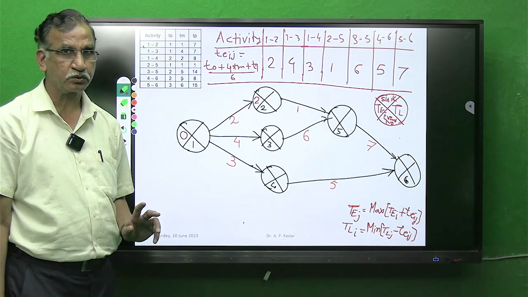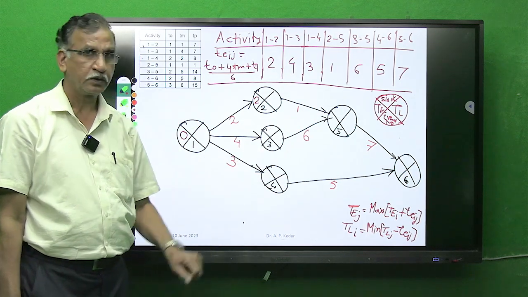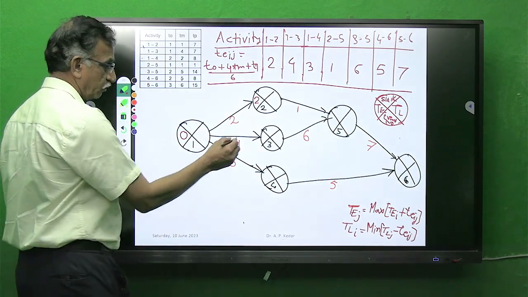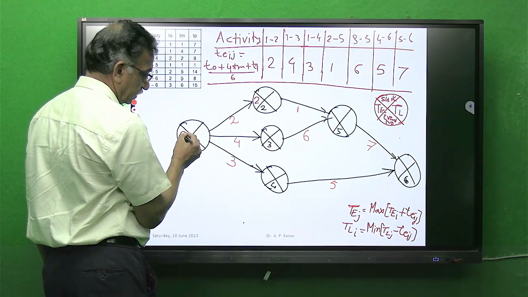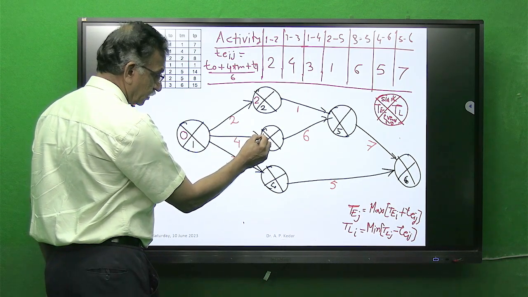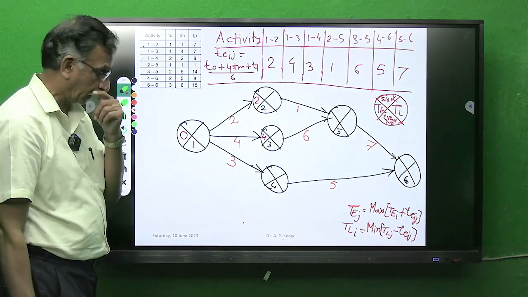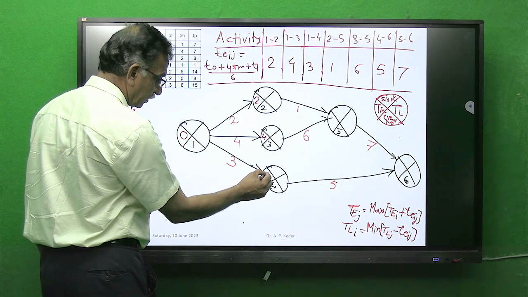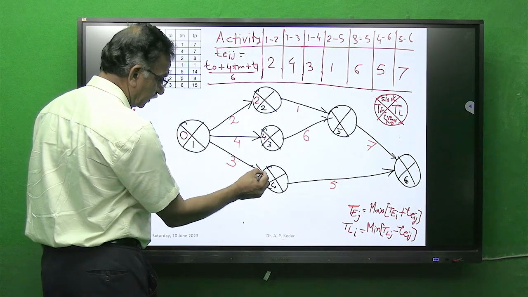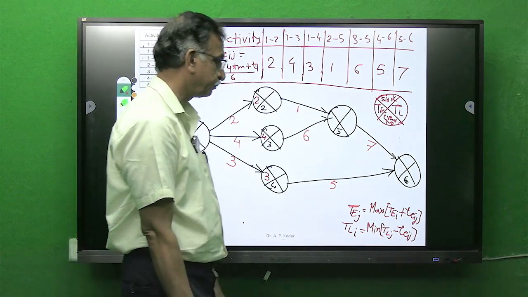In the forward pass we will be filling these locations first. What value shall I write here? I should write 0 plus 4, 4. Got it? What should be the value over here, students? 0 plus 3, 3. Be sure of the location.